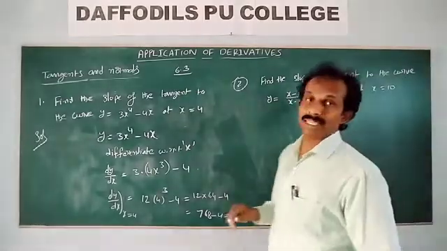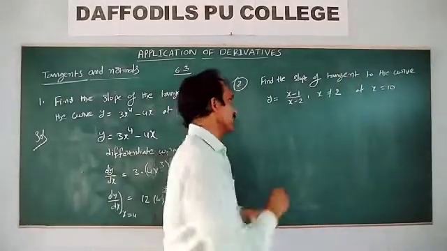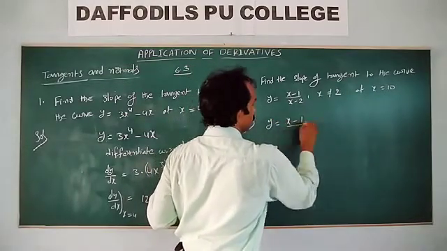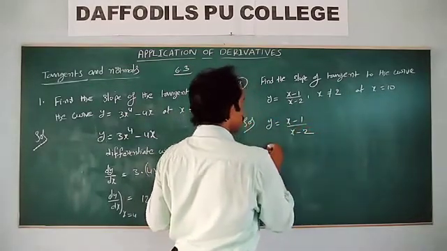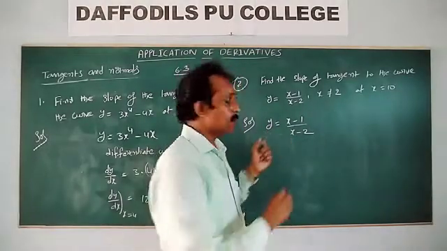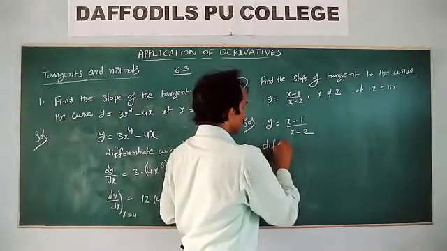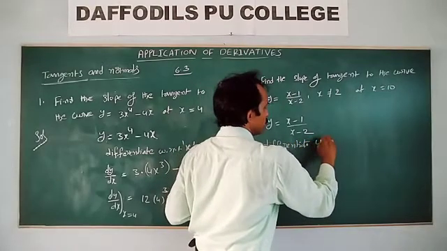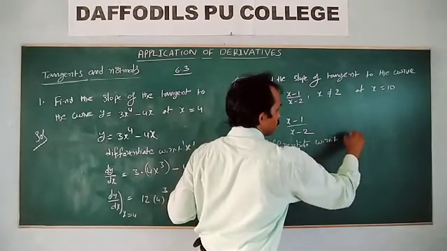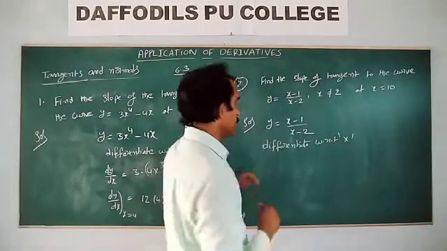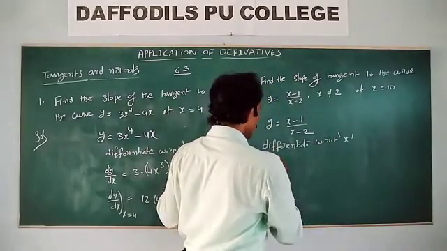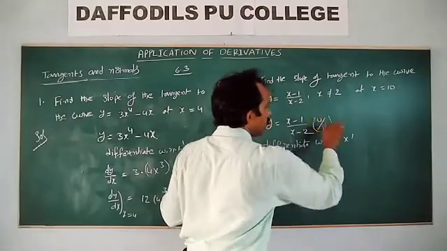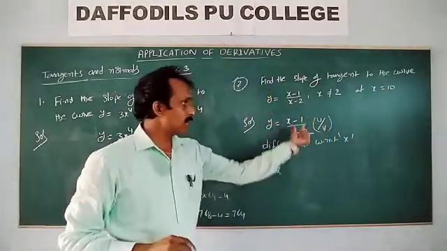What does slope of the tangent mean here? dy by dx. What is the given curve? y is equal to x minus 1 by x minus 2. So you want dy by dx, the slope. Differentiate with respect to x. It is in u by v form, so use the u by v rule.